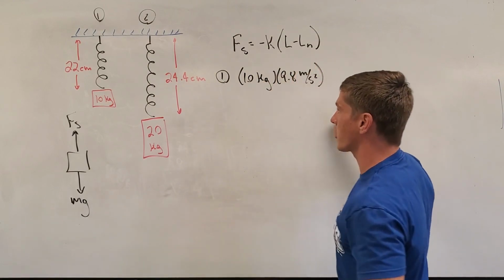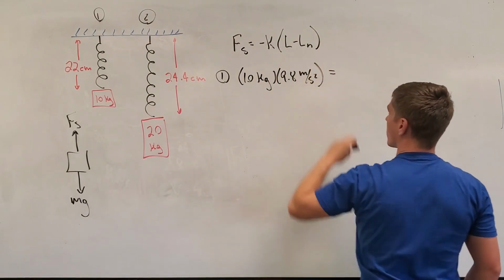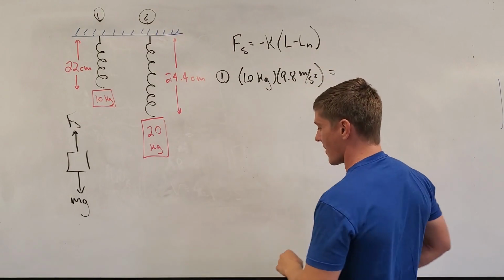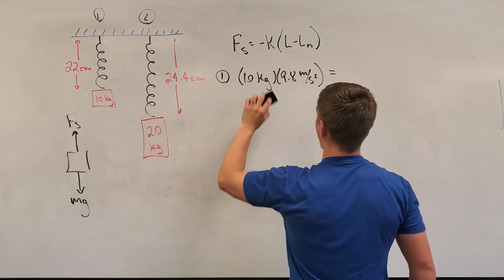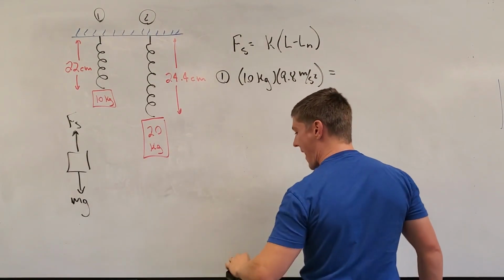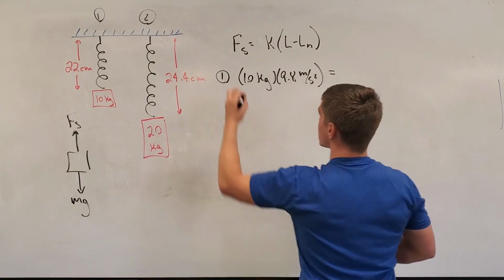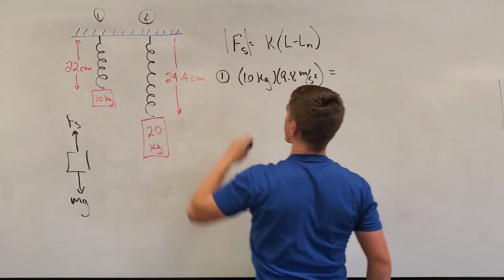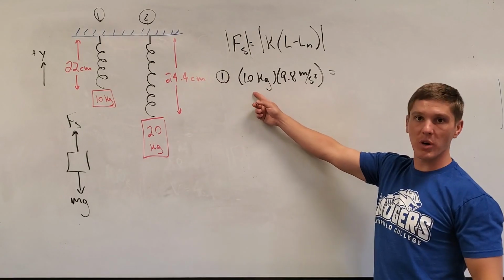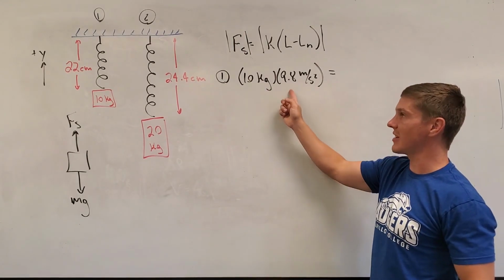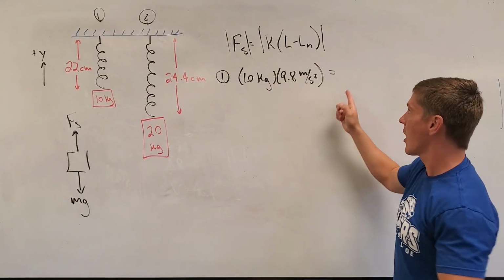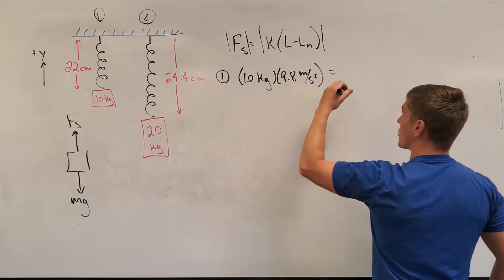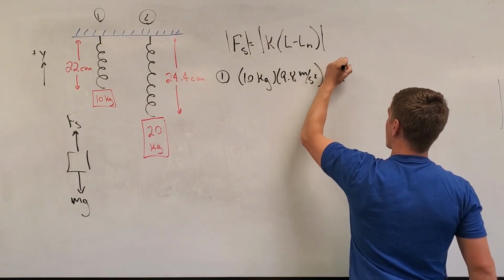Like we talked about in the previous problem, I'm just going to solve this in magnitude form because it doesn't really matter. We know that our spring force is up. We know the magnitude of our spring force is going to be mass times gravity, so 10 times 9.8 meters per second squared. And we know that our spring constant, actually we don't know our spring constant, we're after that value.